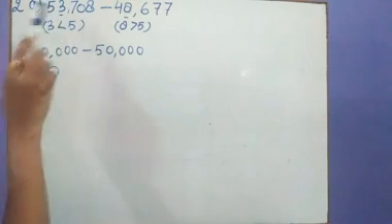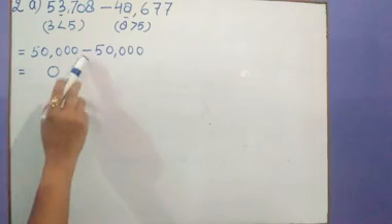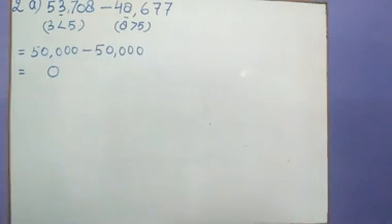So 53,708 will be rounded down to 50,000 minus, here the digit at 1000 place is 8, which is more than 5.